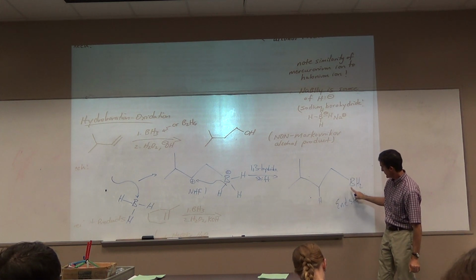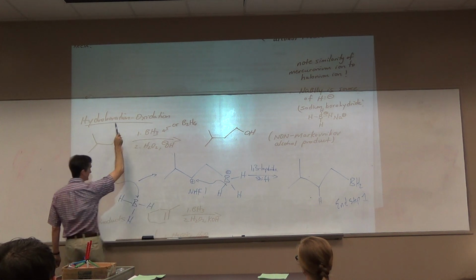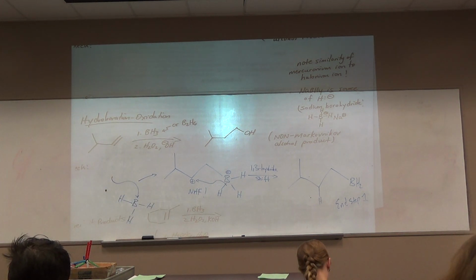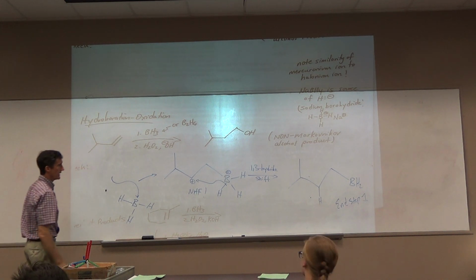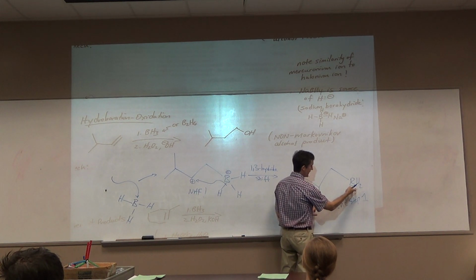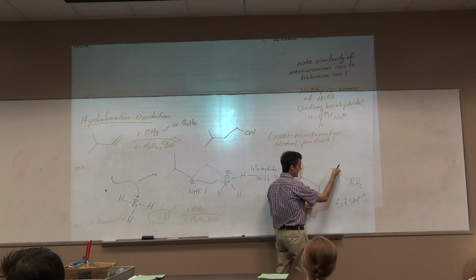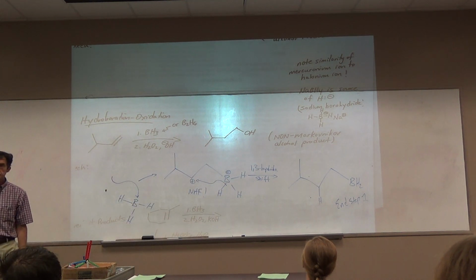We got a hydrogen and a boron. We did a hydroboration of the alkene. But we got regiochemistry. We do not have the BH2 here and the new H there. How do you know that?